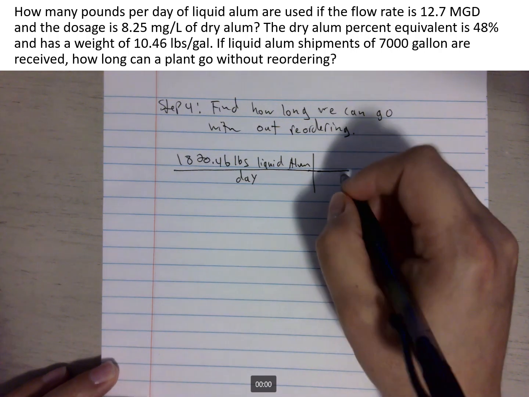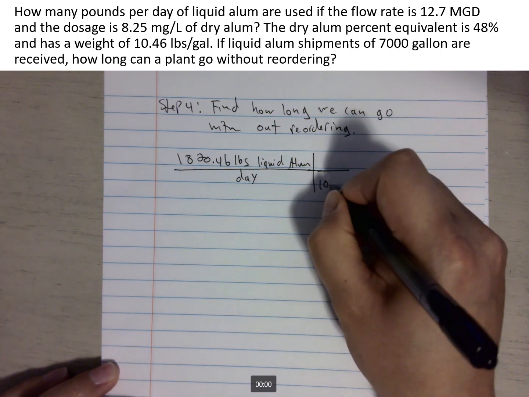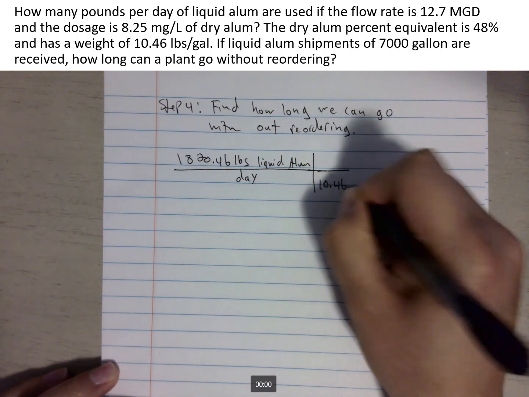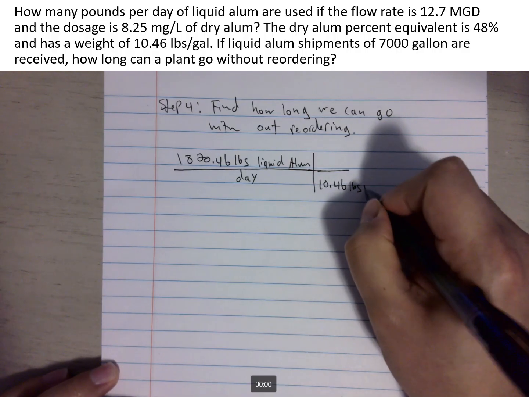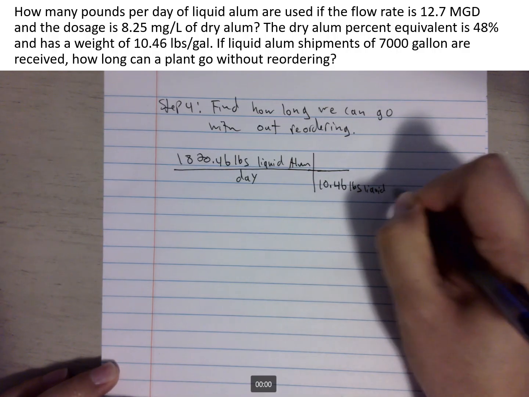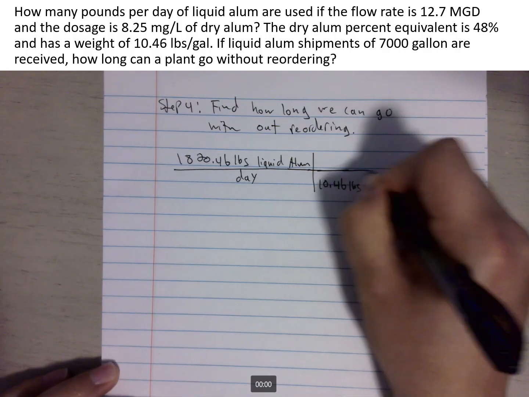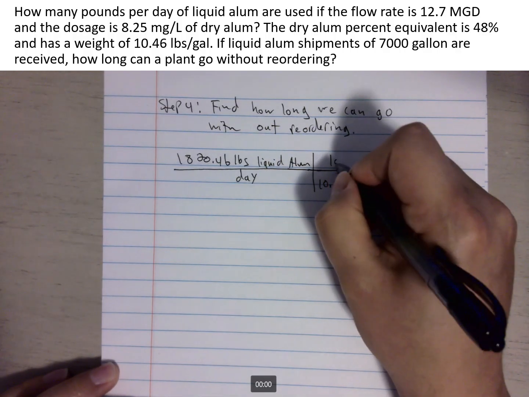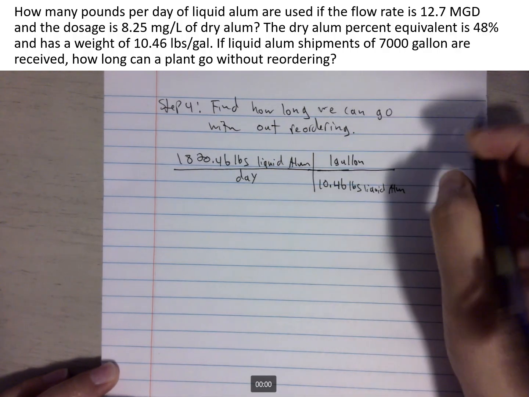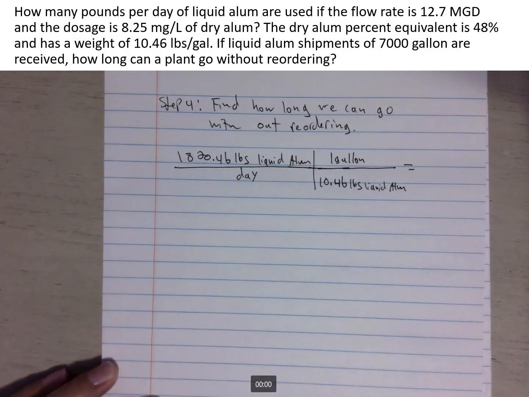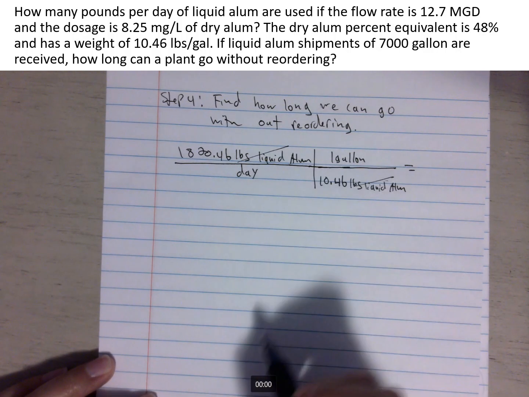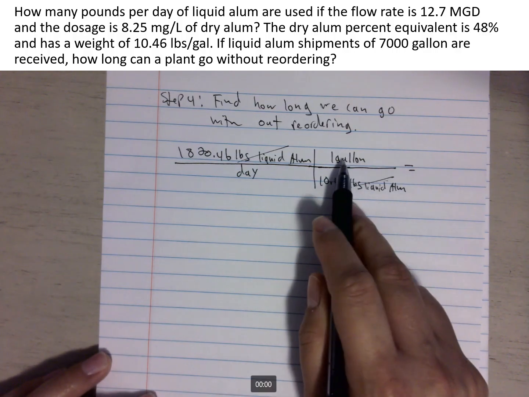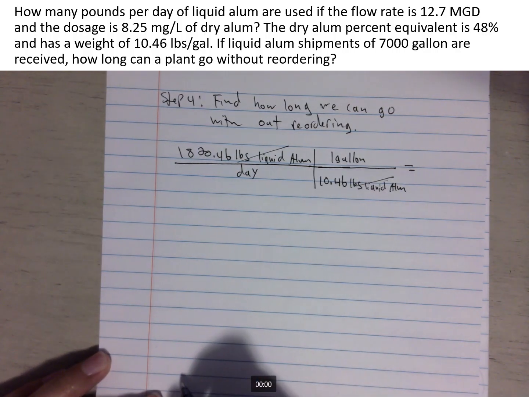So from the problem statement, we are given 10.46 pounds is the weight of liquid alum, right? Per every 1 gallon of liquid alum, right? Units cancel out. Pounds of liquid alum, pounds with liquid alum on top, and we get our units of gallons per day, right?